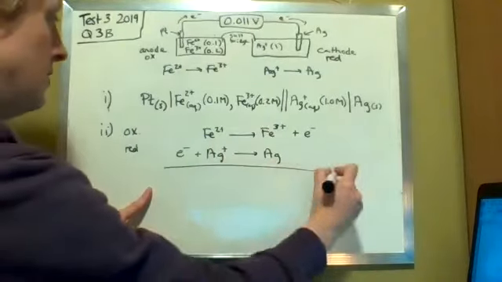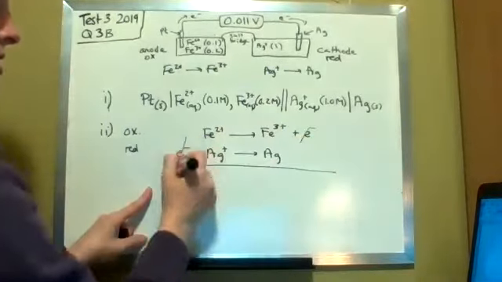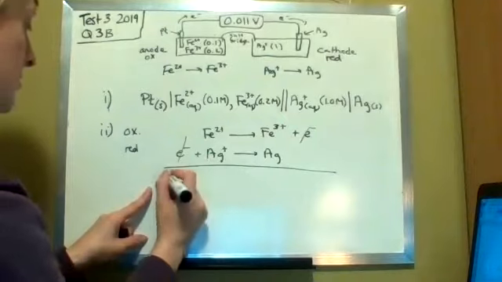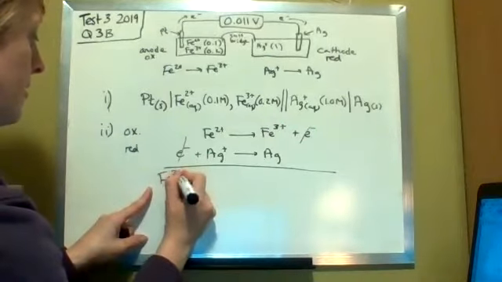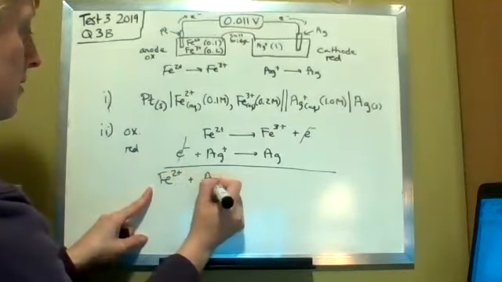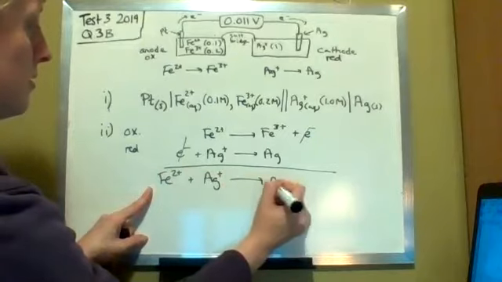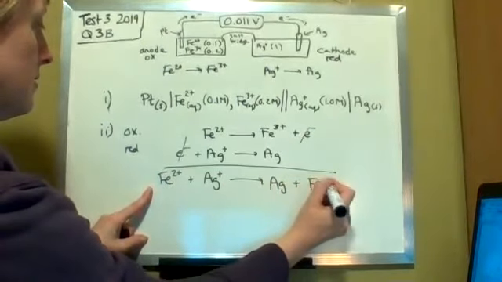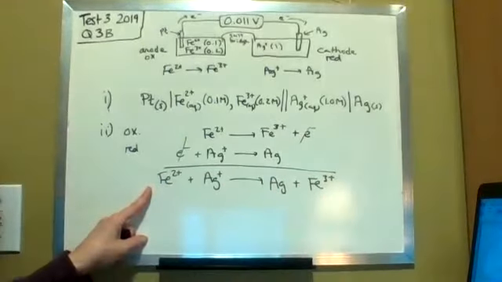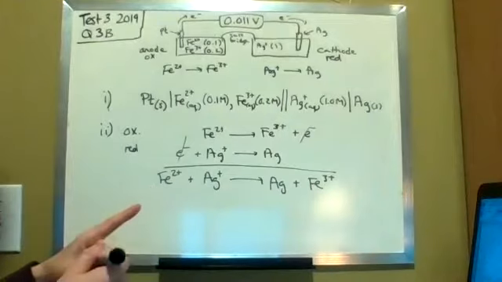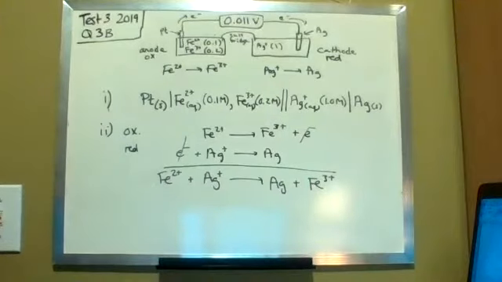And then our overall, nice and simple, is 1 electron in each case. So you can cancel those electrons out. And you're going to have iron 2+, silver plus going to silver and iron 3+. So there's our balanced chemical equation.